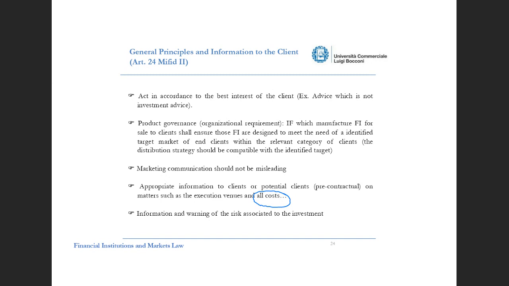Before MiFID II, there was not much transparency in this respect, and the client really didn't have the full final figure of what is the total amount of the costs embedded in its portfolio management.